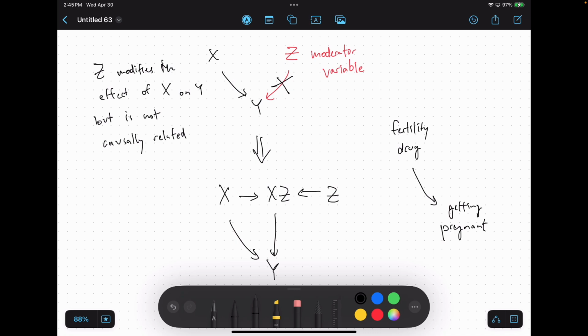Okay? Can anyone think of what the moderator variable would be here? You have to have a uterus, right?